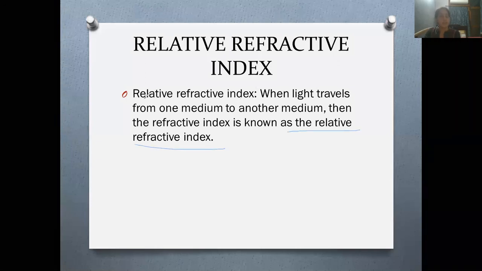In case of relative refractive index, neither medium needs to be vacuum. It can be water, glass, kerosene, benzene, alcohol, anything, and the other medium would be anything. So if there are two media, then it is called relative. And if one medium is vacuum, then the name is changed. That is called absolute.